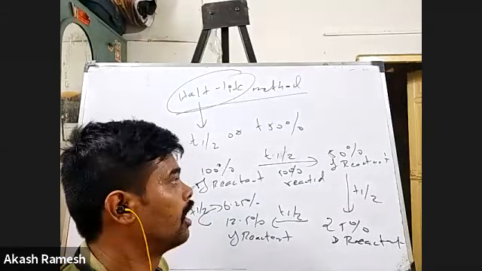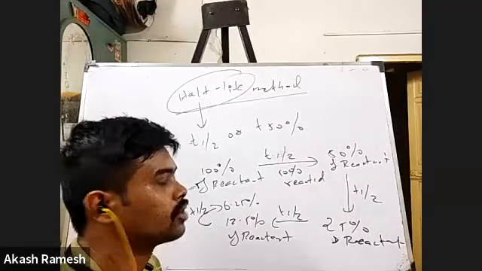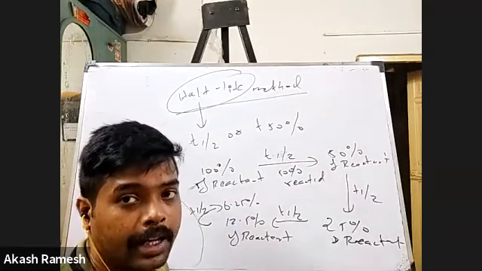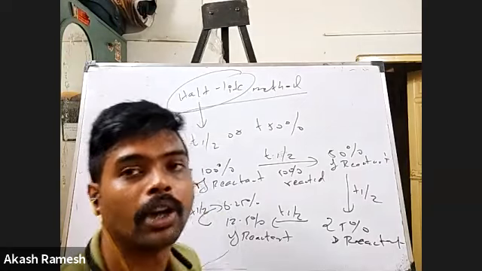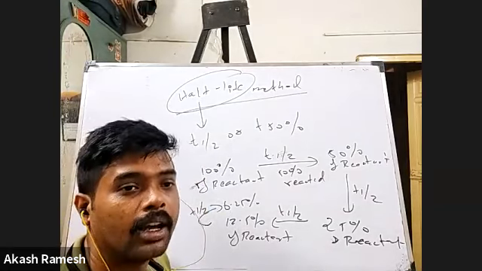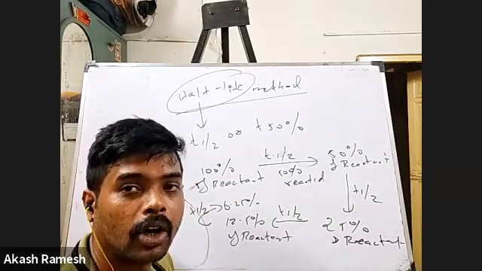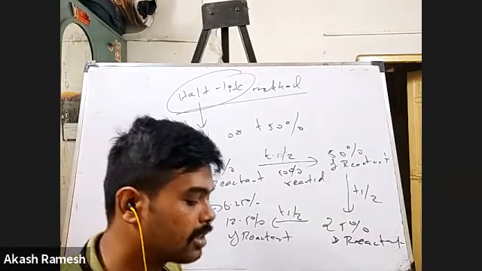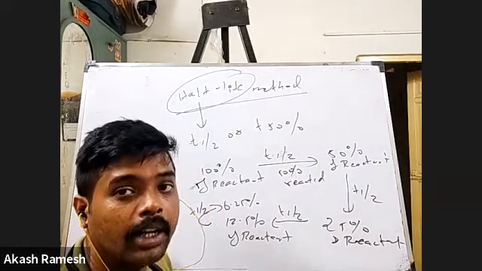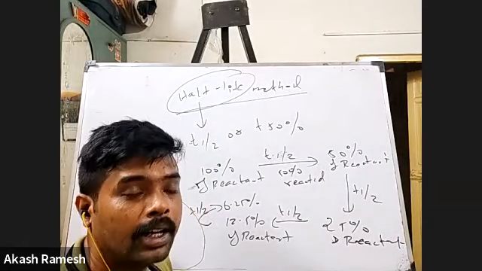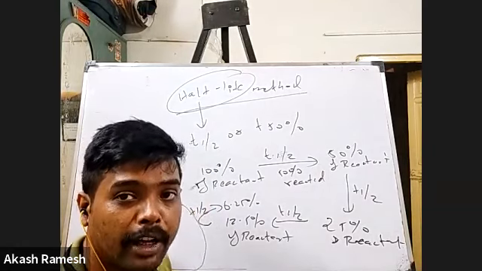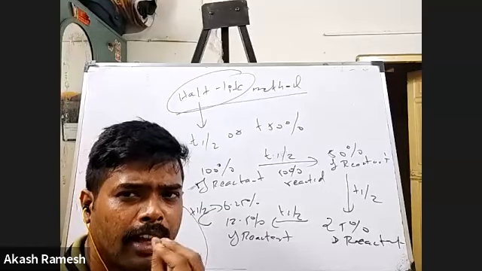T half is also used for determining stability. For example, radioactive elements like uranium, polonium, thorium, cesium. For these elements the half-life period is very less.